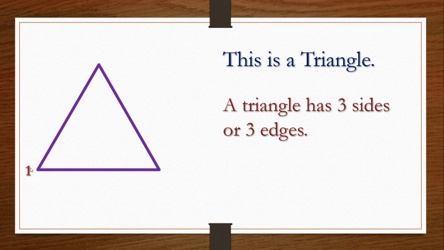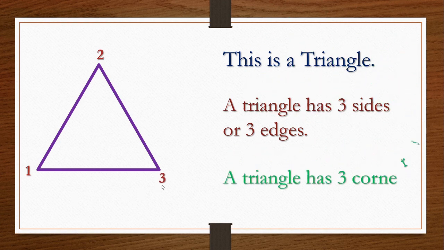So we will write 1, 2 and 3. Means triangle has 3 corners. Right? And what is the name of this figure? Triangle. 3 side वाला. Tri means 3. 3 side वाला closed figure means triangle. Okay?